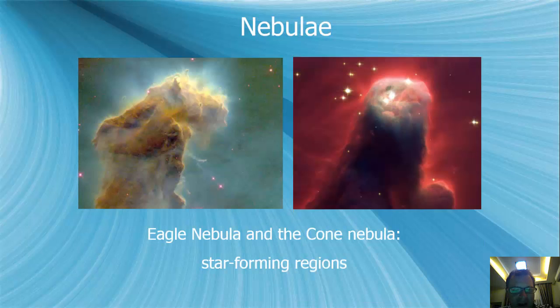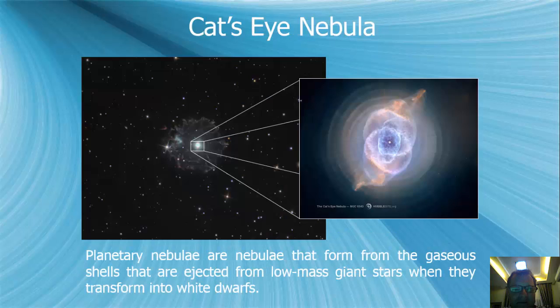We also have nebulae. We have the Eagle Nebula and the Cone Nebula here, and these are star-forming regions, giant clouds of gases. We also have planetary nebulae, which are formed from the gases of shells of low mass stars when they die and transform into white dwarfs.